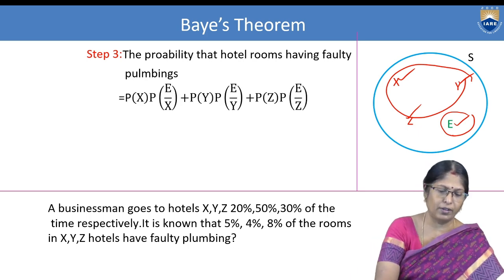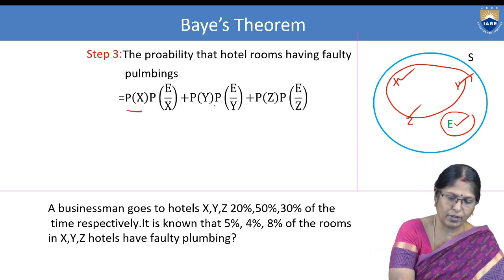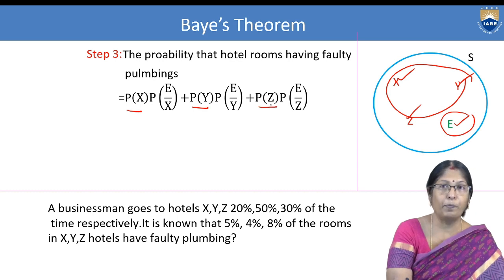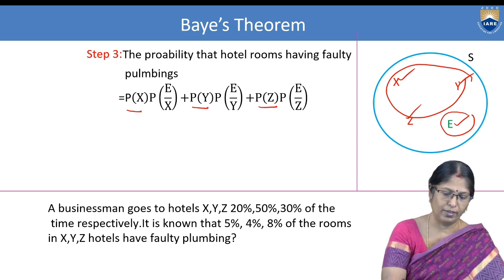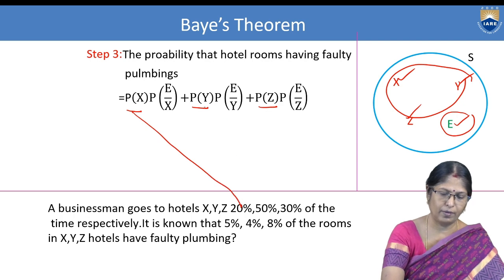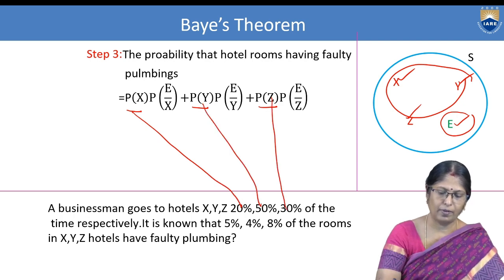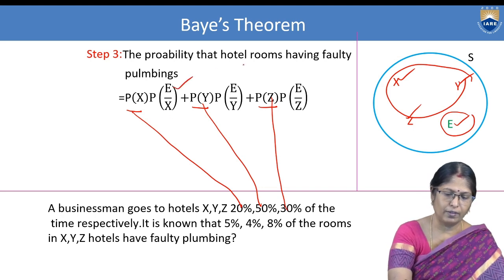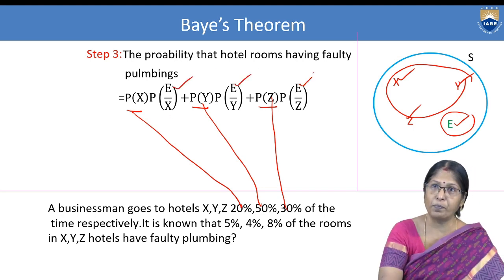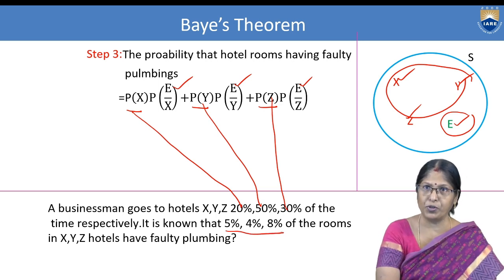It's nothing but here P of X, P of Y and P of Z. P of X, P of Y, P of Z, these 3 we solved in step 1. And step 2, with this help we did step 2.